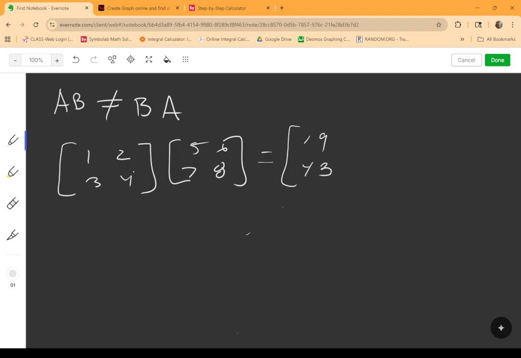Then in the next column from the first row, 6 times 1 plus 2 times 8, that gives us 22. And then lastly, second row, second column, 6 times 3, 18 plus 8 times 4, which is 32, and that gives us 50.